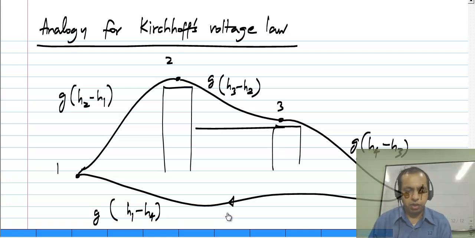The actual potential rise in any part could be either positive or negative. From 1 to 2 it's of one sign, from 2 to 3 it's of the opposite sign, and so on. But the sum of all of those things taken in a consistent way is 0. Here I have taken the height that is gained. So that means that this is positive and that is negative. But you could also take it with the opposite polarity and you will end up with exactly the same result.